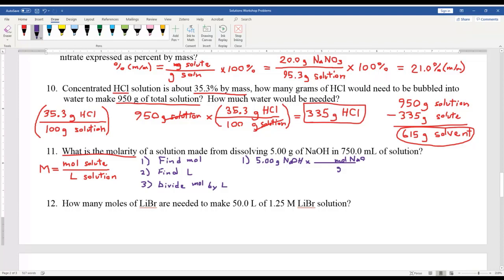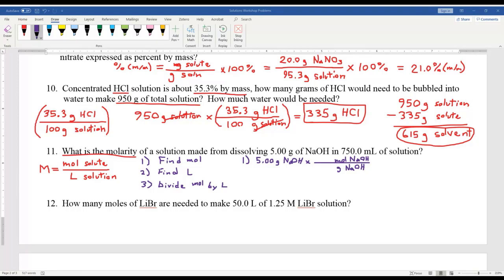And what is the molar mass of NaOH? Let me check. 1 sodium, 1 oxygen, and 1 hydrogen. Oxygen is 16. Hydrogen is 1.008. And then sodium is, is it 12? No, I don't think so. Sodium's on the far left side, third row down. Is that 12.01?